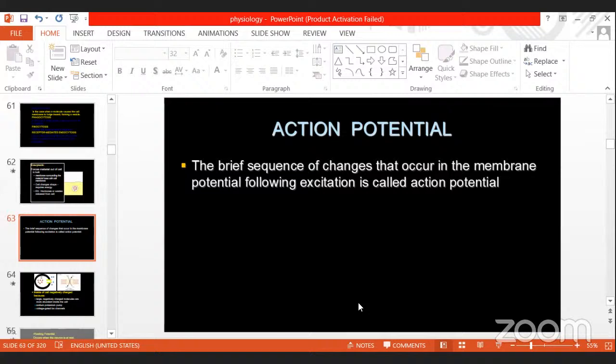Our body is made up of the basic unit, the cell. So each cell has to get excited to get the excitation of a group of cells, that is tissue, then the organs and the organ system. So let's see how it is happening.